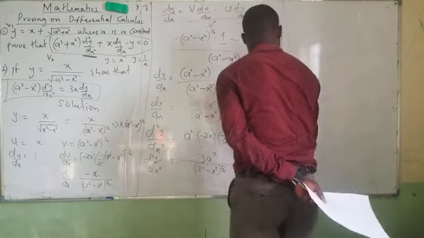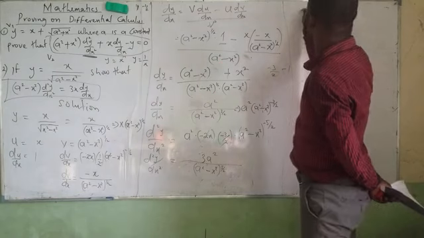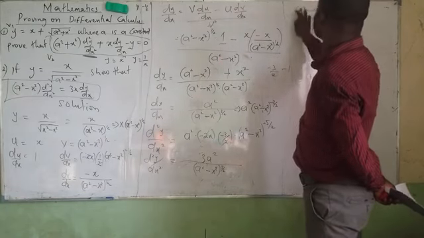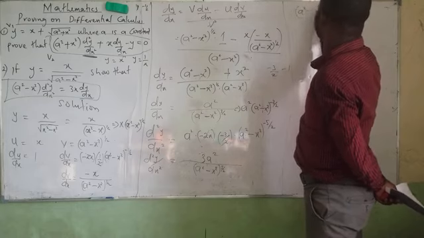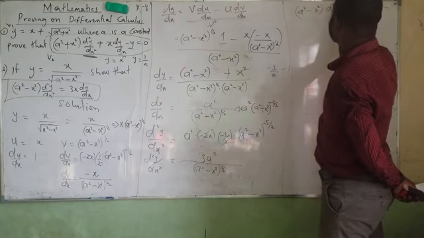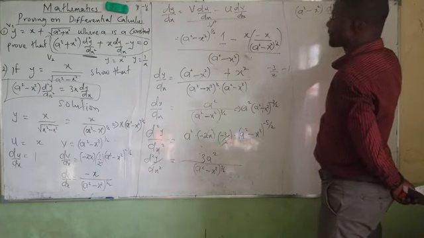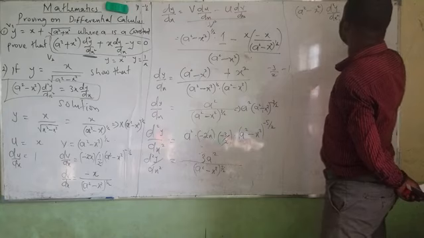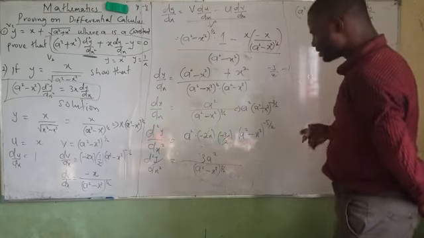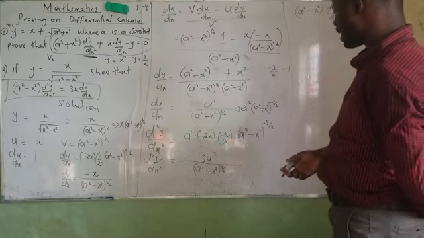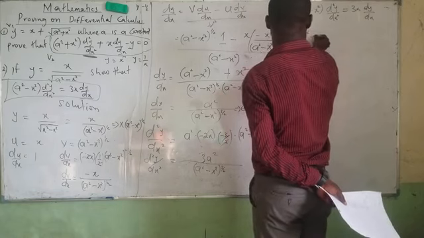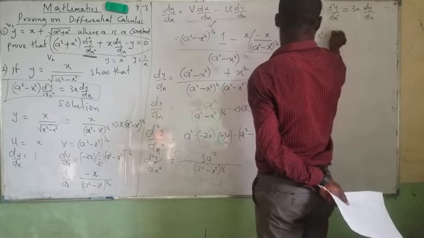Now I can continue. You are told that a squared minus x squared, d squared y over dx squared is equal to 3x dy/dx. Now it's not add. What I just need to do, I'll be having minus x dot of what?